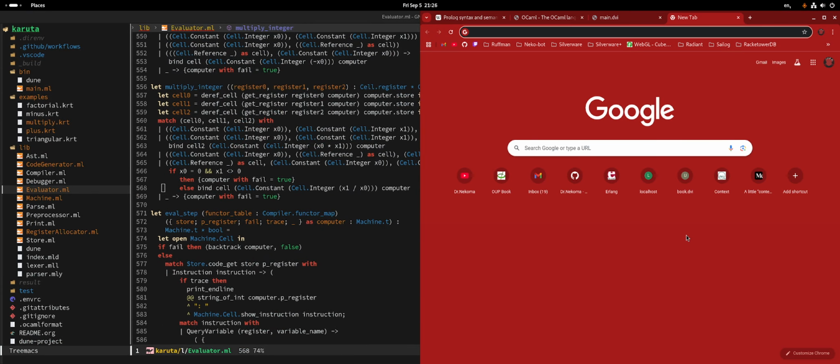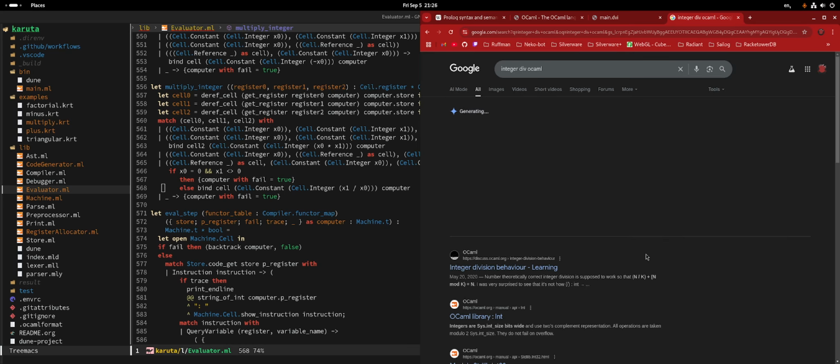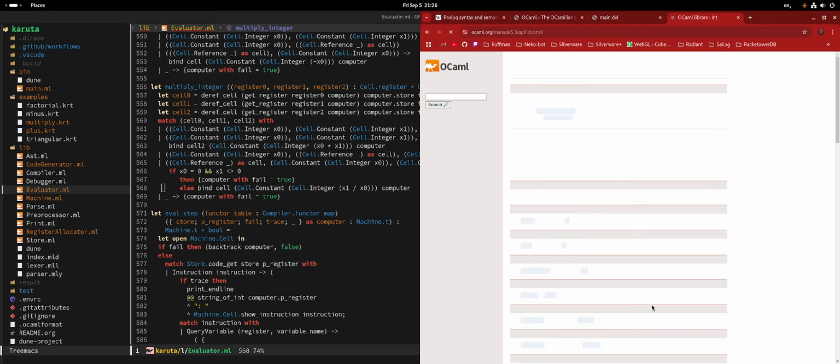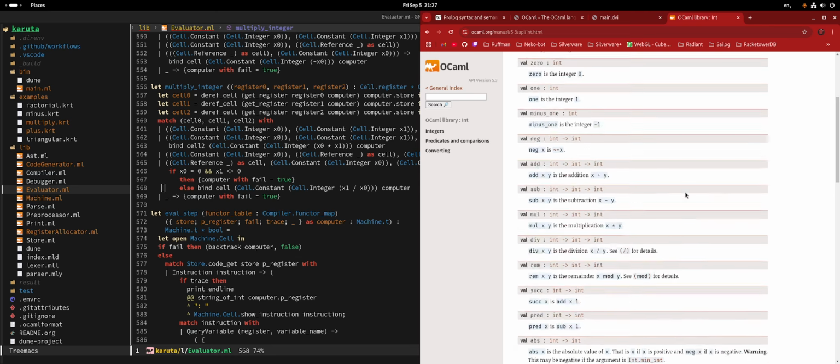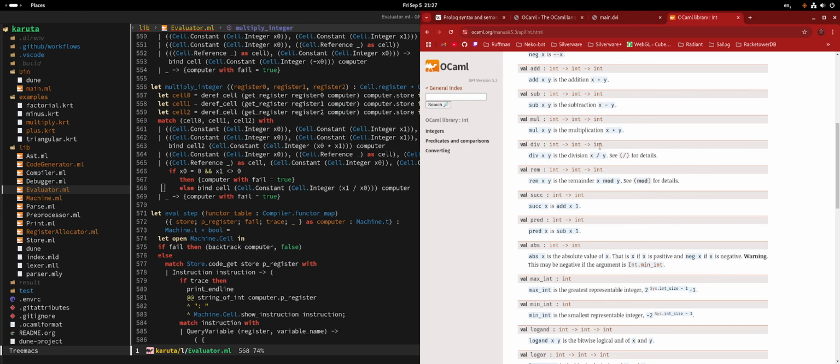Do we have integer div in OCaml? We have mod as well actually.